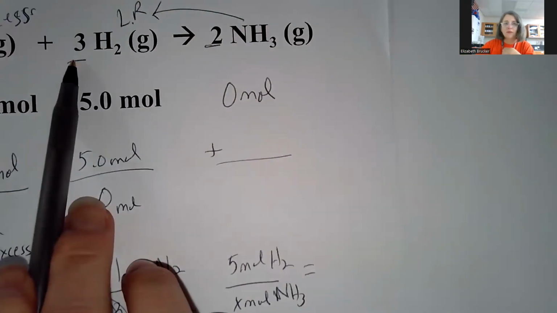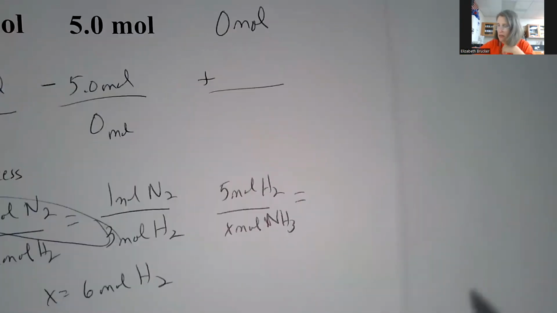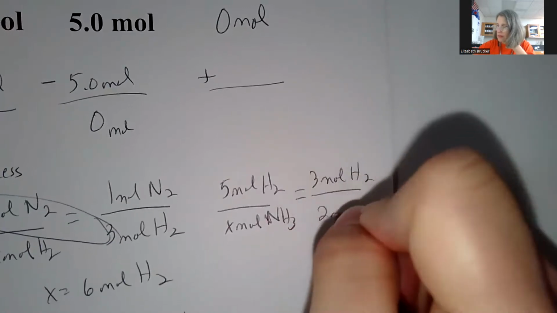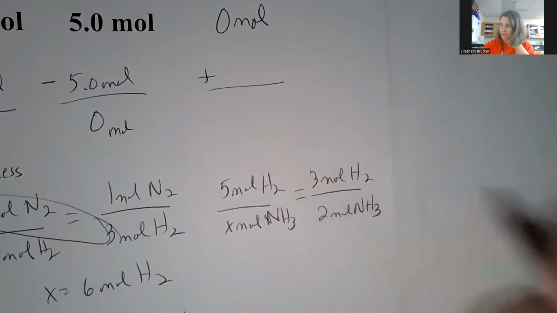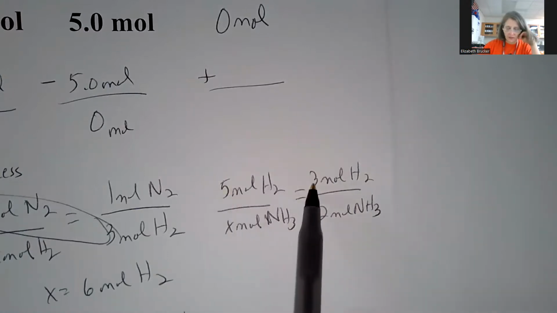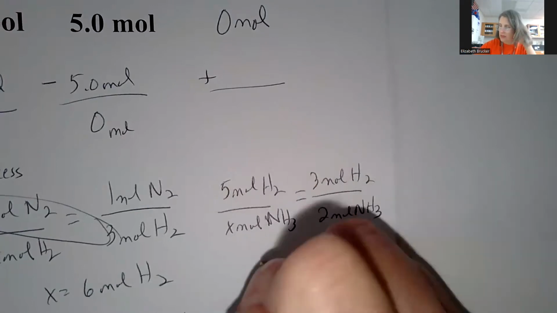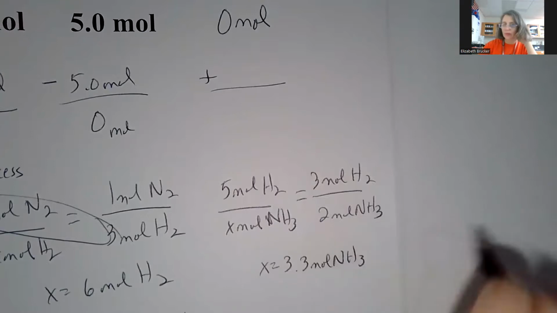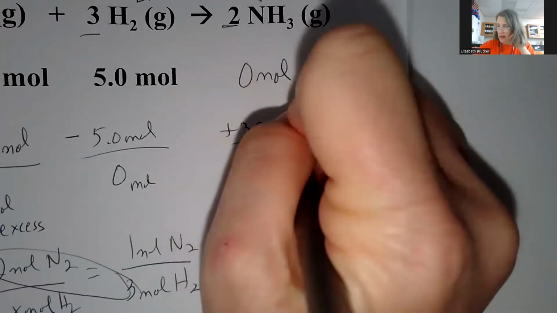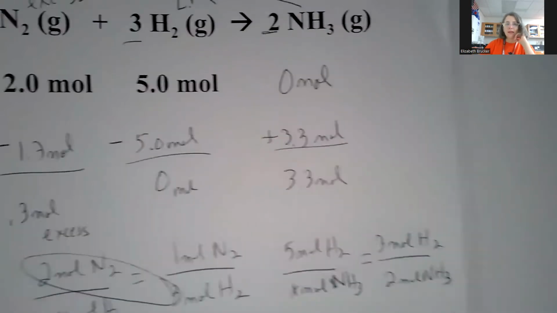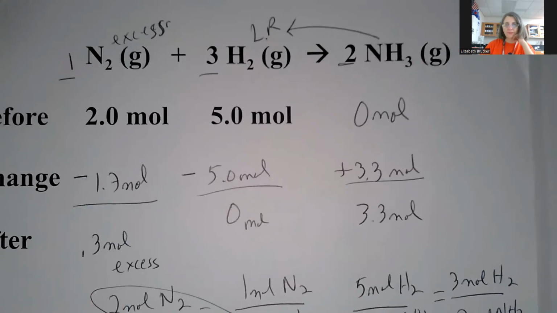So I have 3 moles of hydrogen to 2 moles of ammonia. So 5 times 2 is 10, divided by 3 is going to give me approximately 3.3 moles of ammonia that I'm going to produce. So that's going to be my change because I start at 0. So that's how many moles of ammonia I make, NH3.